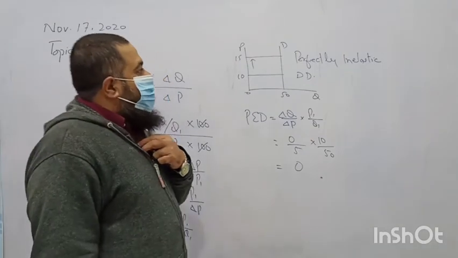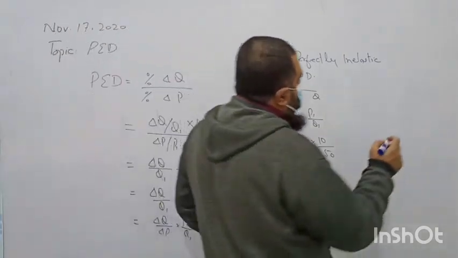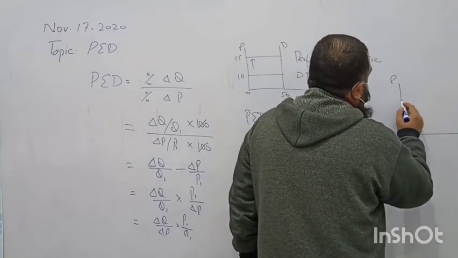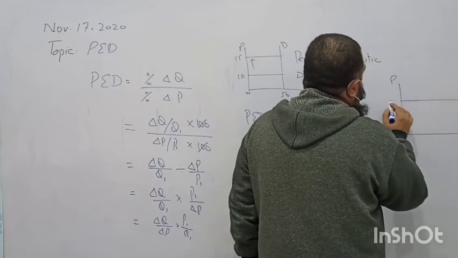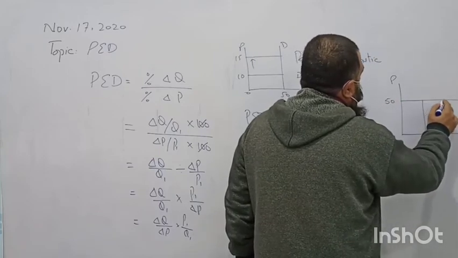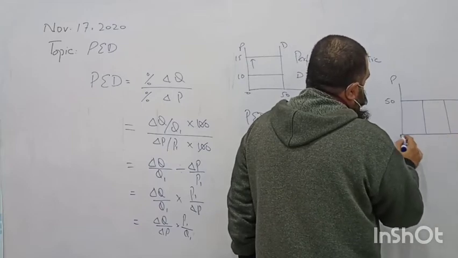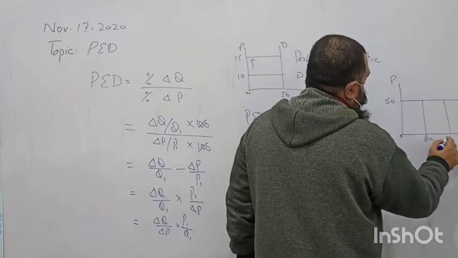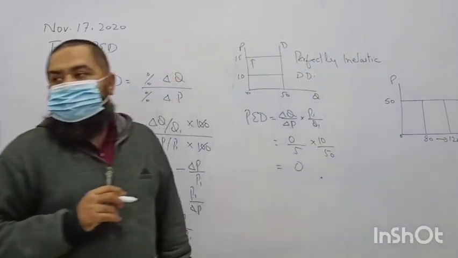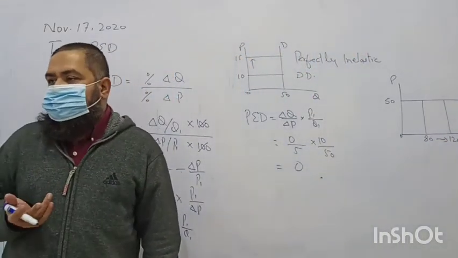Alright? Now, another case of price elasticity of demand, which is also an extreme case. Now, price remains 50, and quantity demanded changes from, say, 80 to 120. 50% quantity has changed.